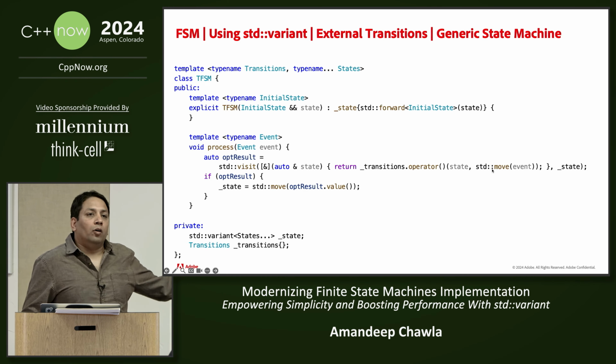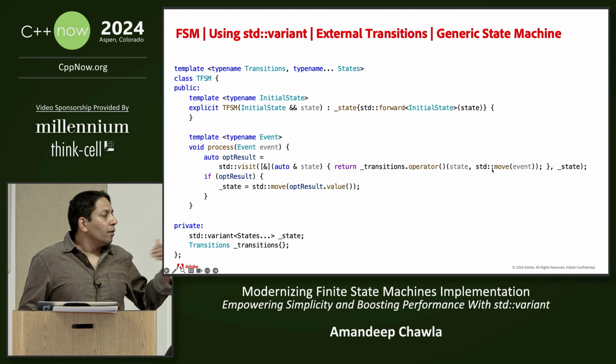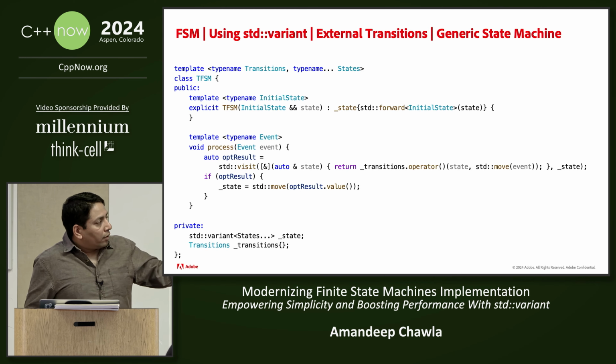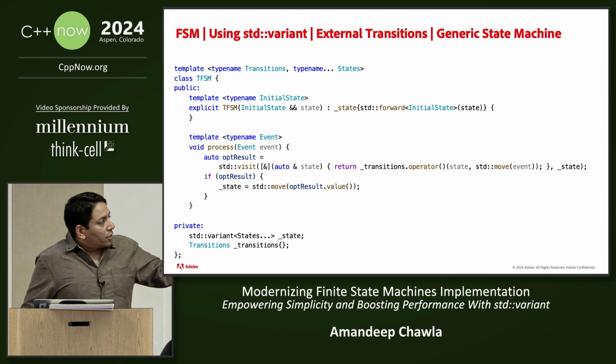On the transition object which you have provided me, I delegate, saying please handle this state, and pass the parameters state and the event. And it gets the job done.